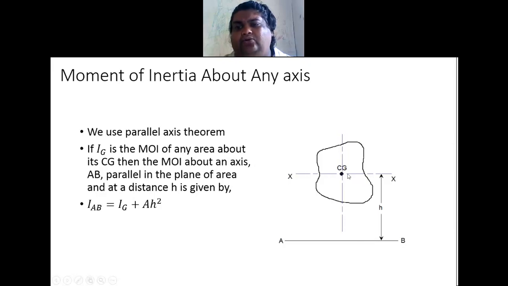It should be parallel to any of the axes, and it should be in the same plane. It cannot be in a different plane. And it is at a distance of h from the center of gravity.